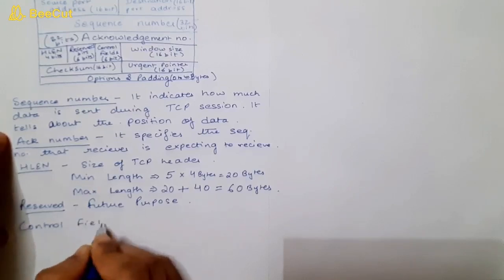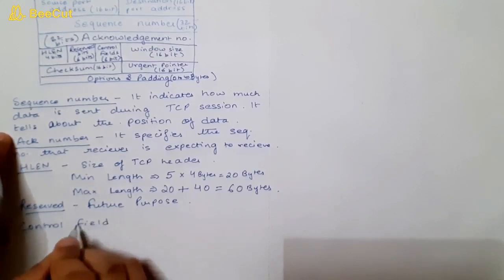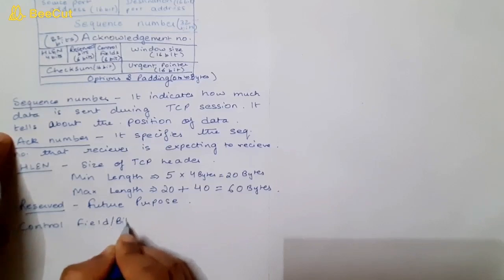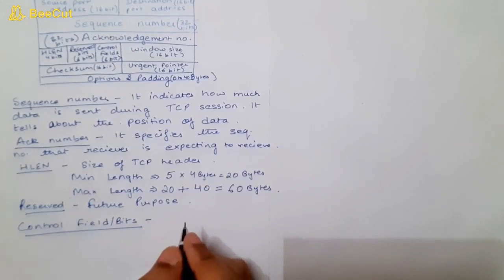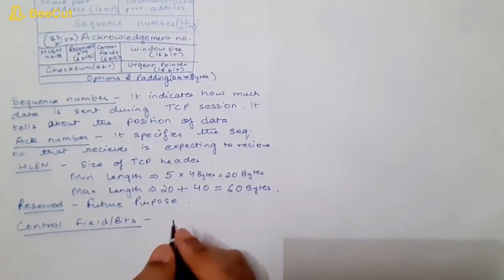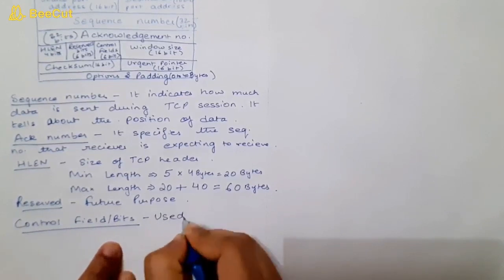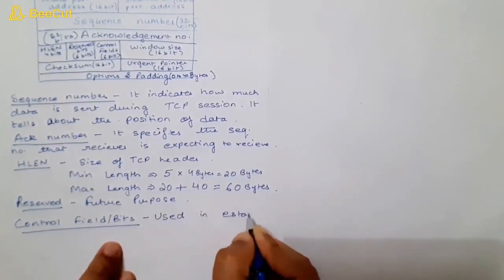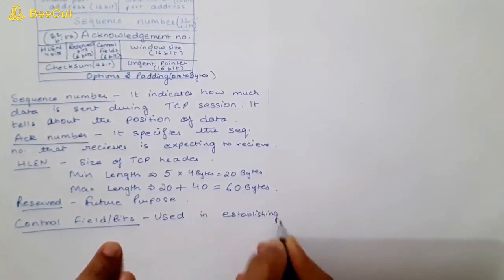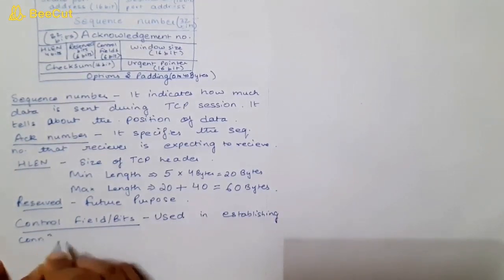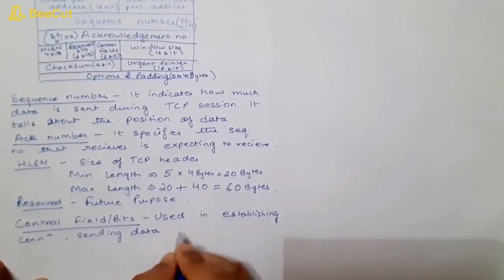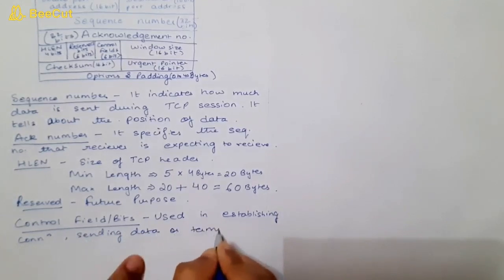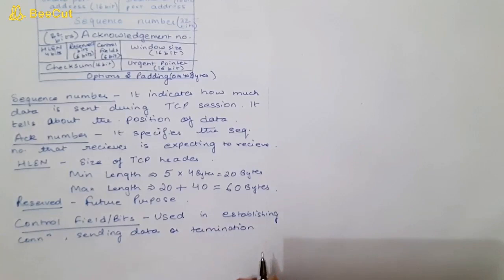These control fields, or we call them control bits basically, are used in establishing a connection, sending data, or terminating a connection.